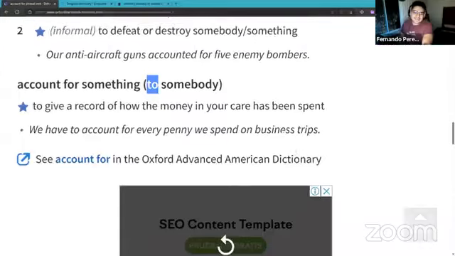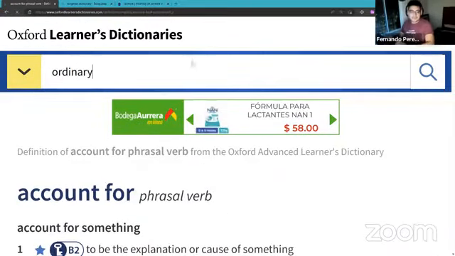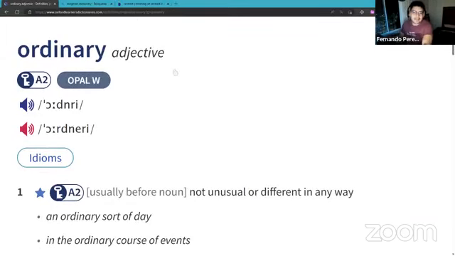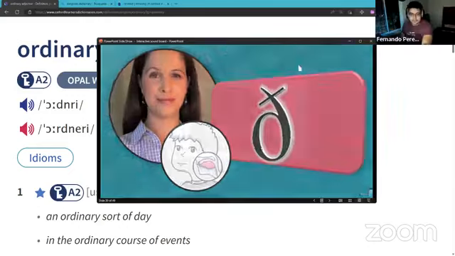That's correct. Let me help you with the pronunciation. Where is the strong syllable in this case? I don't know how to recognize it, but I have intuition. No problem. Let me help you.